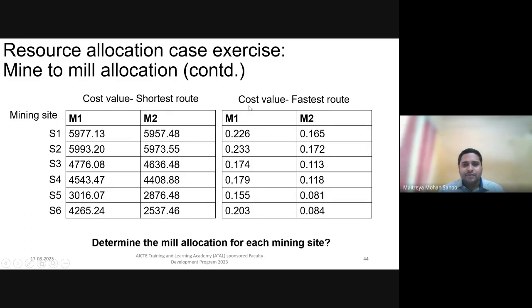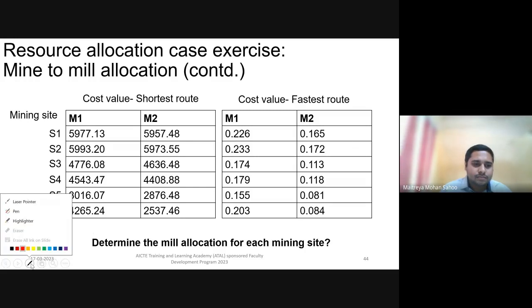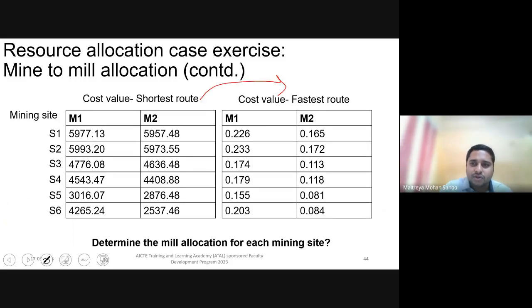So if we only consider the fastest route in order to maximize the mineral production, so instead of going for a shortest route approach, we have to go for a fastest route approach.